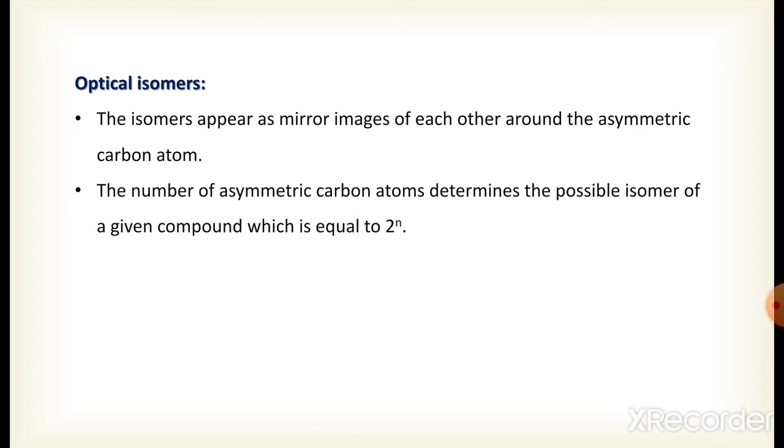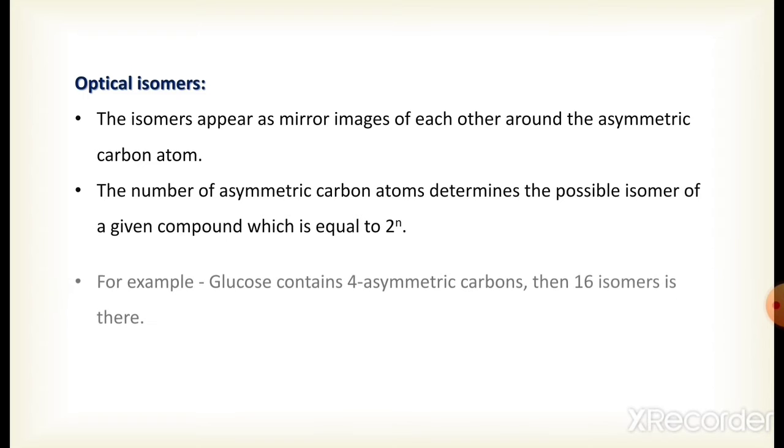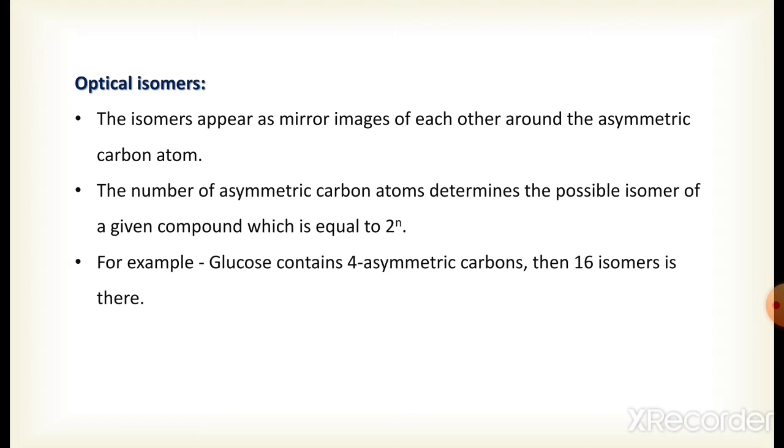The number of asymmetric carbon atoms determines the possible isomers of a given compound, which is equal to 2 raised to n. For example, glucose contains 4 asymmetric carbon atoms and thus it has 16 isomers.